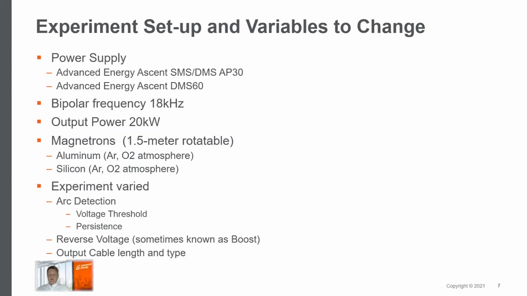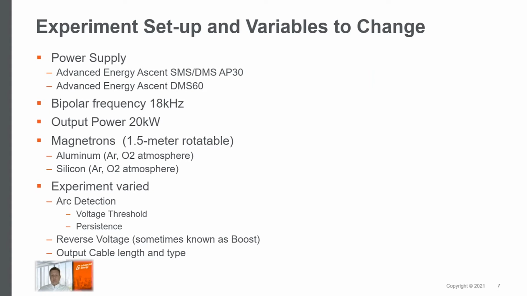For our experiment, we used an Advanced Energy Ascent SMS DMS AP30 and an Ascent DMS 60. We ran at 20 kilowatts and 18 kilohertz on either aluminum or silicon magnetrons, 1.5 meter rotatables, and we used an argon oxygen atmosphere.